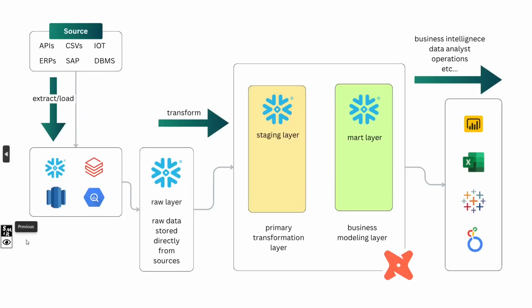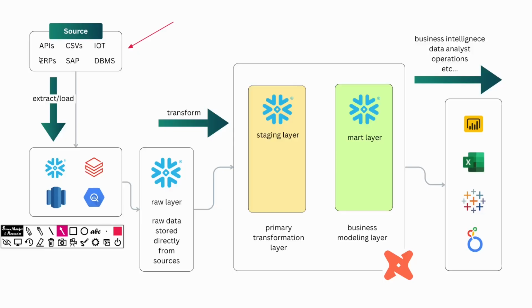This right here is a basic architecture of the flow of data between DBT and other systems. At your top left here, you have your sources where your data originates from.